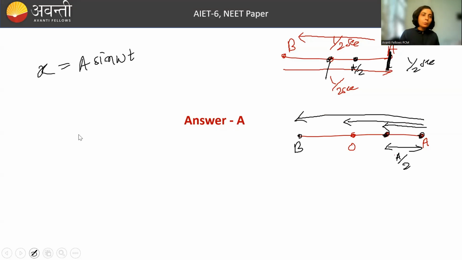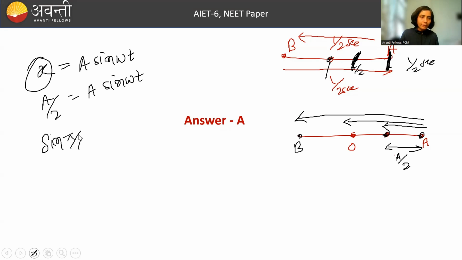So what value of x will you put? Reaching here means x is how much? A by 2. So A by 2 equals A sin omega t, and this is half. So sin 30, that is pi by 6, equals sin omega t. So this is your pi by 6.